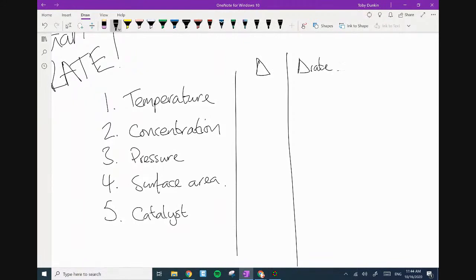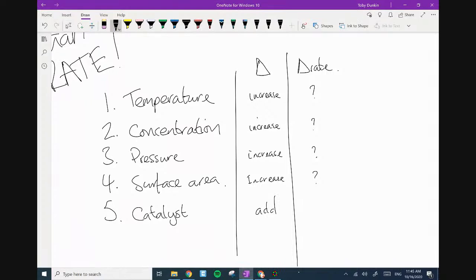See what I've done there? Love it. So we're going to increase temperature. On the chat, please. What's going to happen to the rate if I increase temperature? I think the chat is very laggy. I'm going to increase concentration. What's going to happen to the rate? I'm going to increase pressure. What's going to happen to the rate? I'm going to increase surface area. What's going to happen to the rate? I'm going to add a catalyst. What's going to happen to my rate?